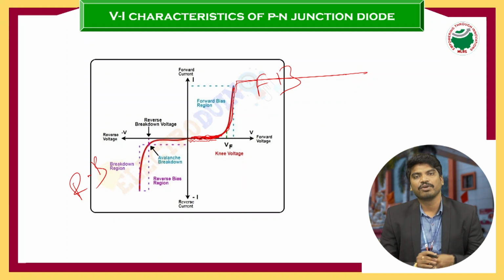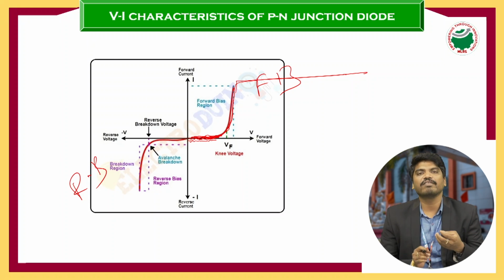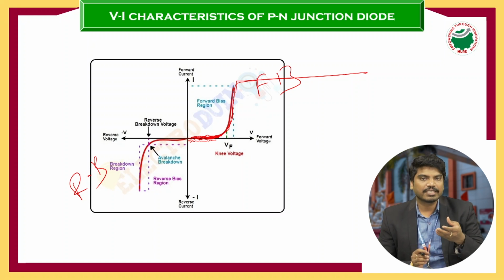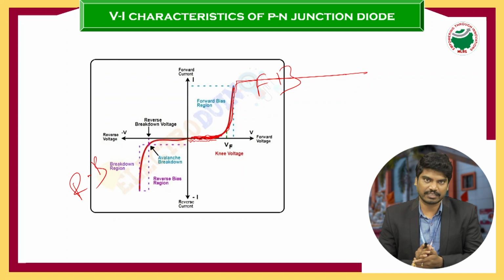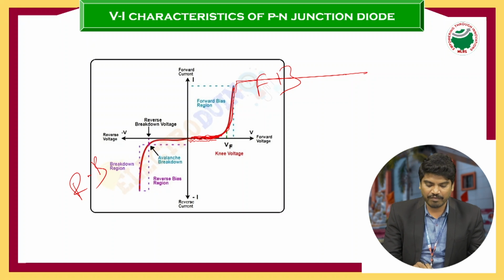Similarly, here also, by giving a little voltage, we can increase the flow of current in the junction. If the voltage is very low, there is no flow of current. If I give a little bit more, then the flow of current takes place through the junction. If I increase a little more, the flow of current gradually increases. As I increase the biasing voltage, the flow of current steadily increases.